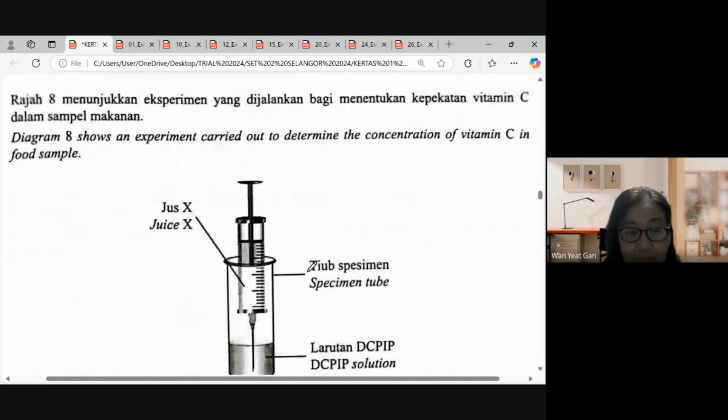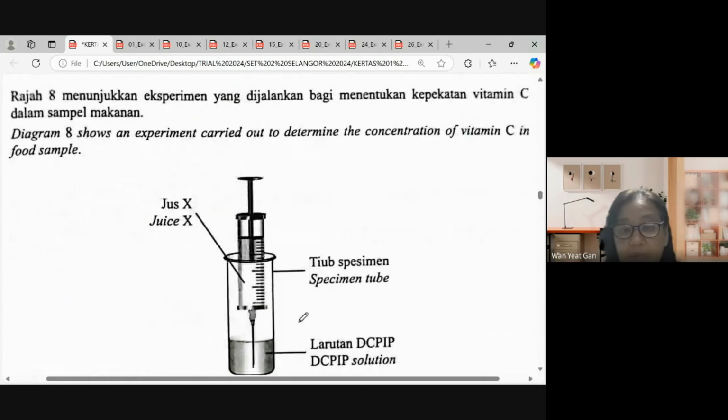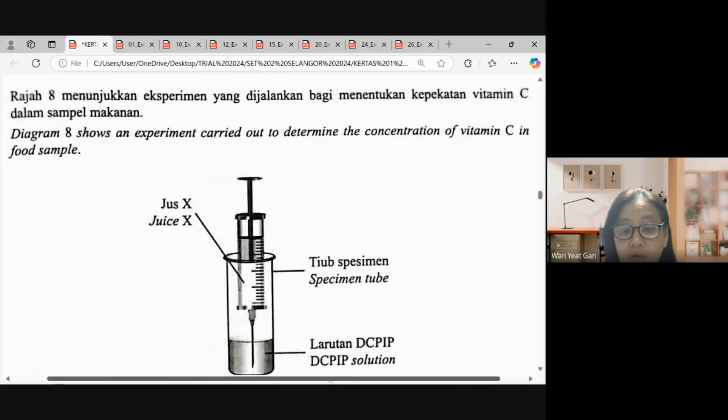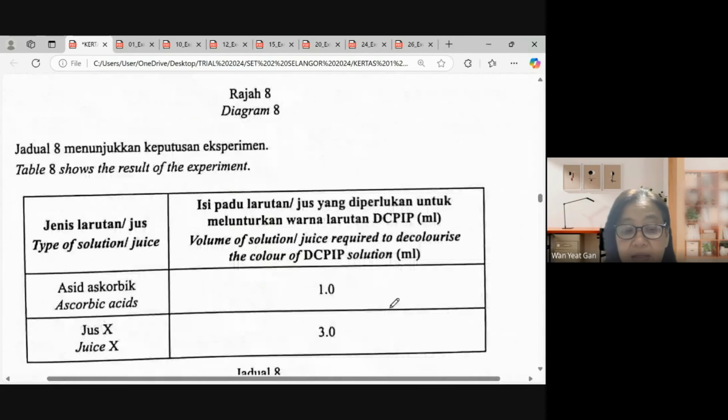Okay, diagram 8 shows an experiment carried out to determine the concentration of vitamin C in a food sample. So for juice X, the volume of juice needed to decolorize 1 ml of DCPIP is 3, while for ascorbic acid, the standard, it is 1.0.